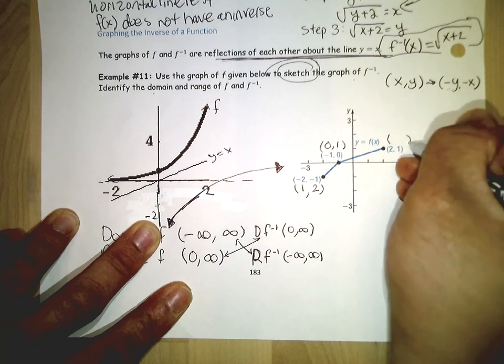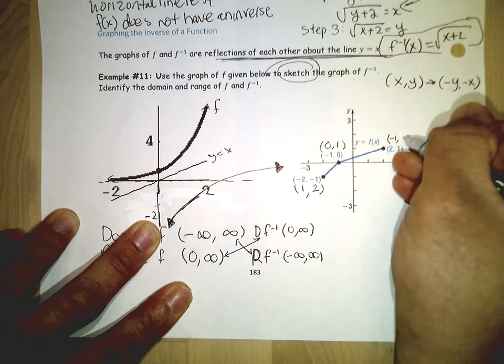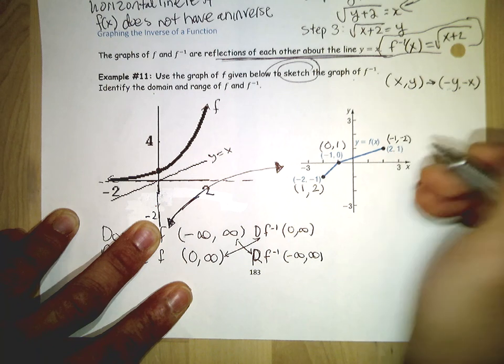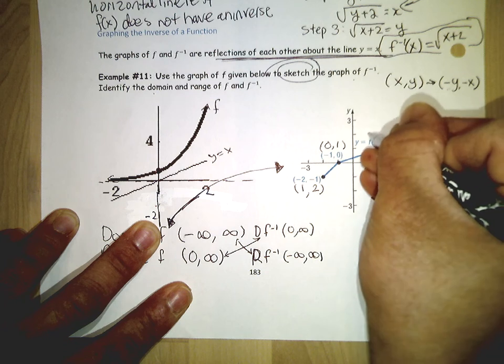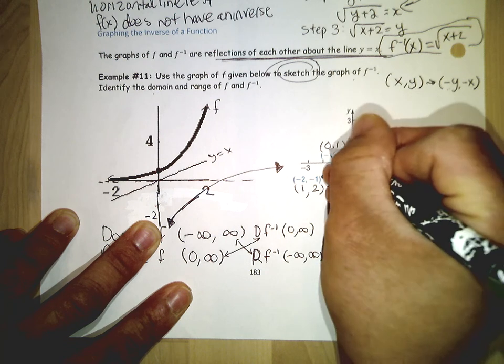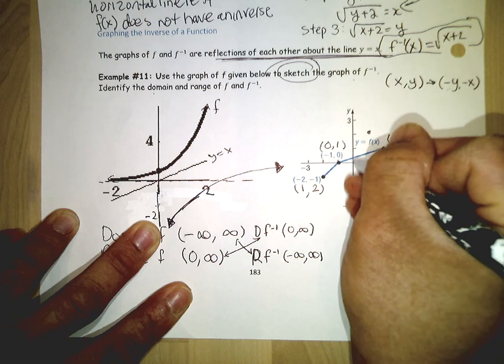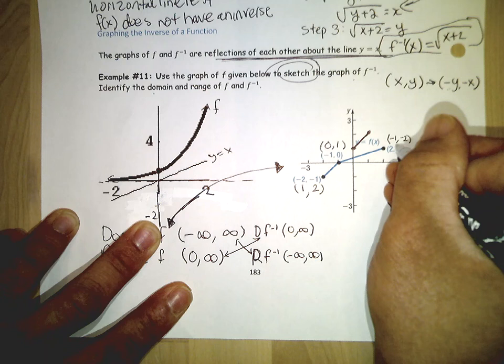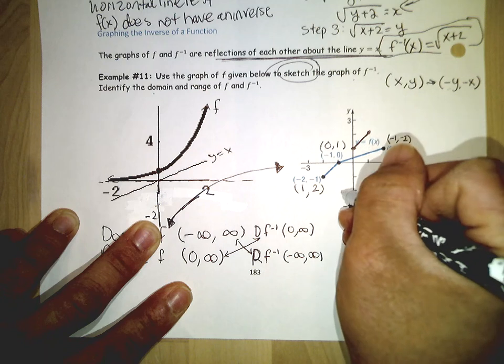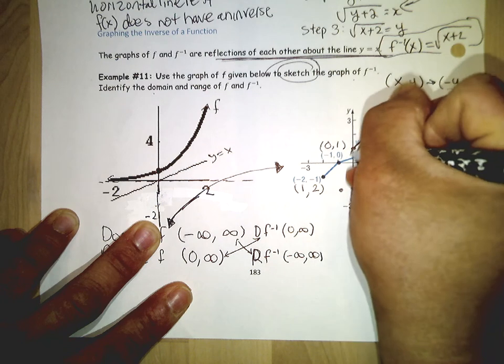And then (2, 1) becomes (-1, -2). So (1, 2) is here, (0, 1) is here, and (-1, -2) is here.